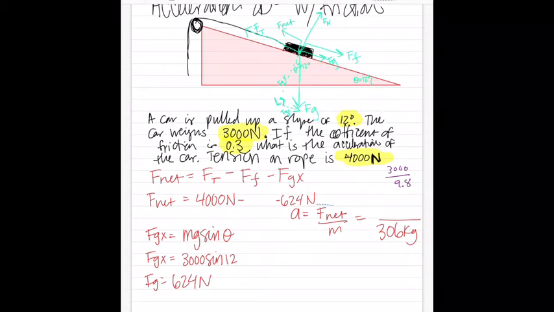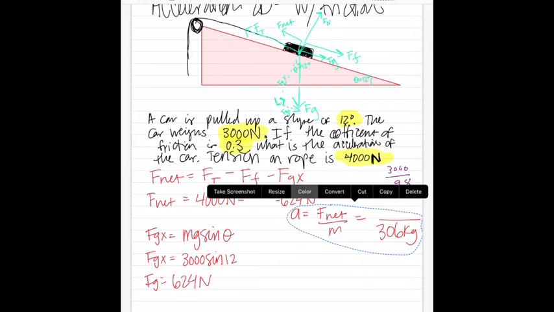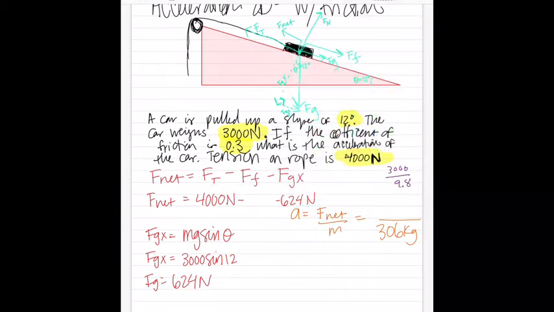So just bear with me while I do this. This is one step. Let's find the acceleration. I'll make that orange. Net force, we'll leave net force red. Let's make Fg of x another color.